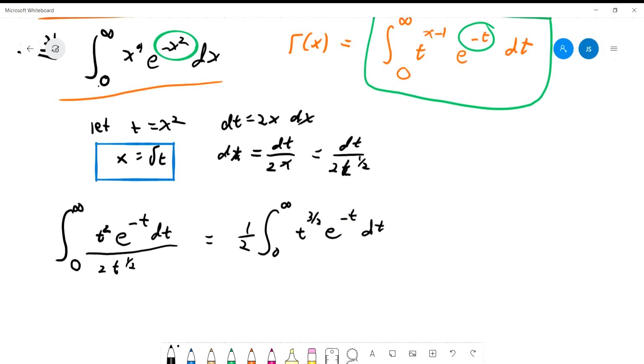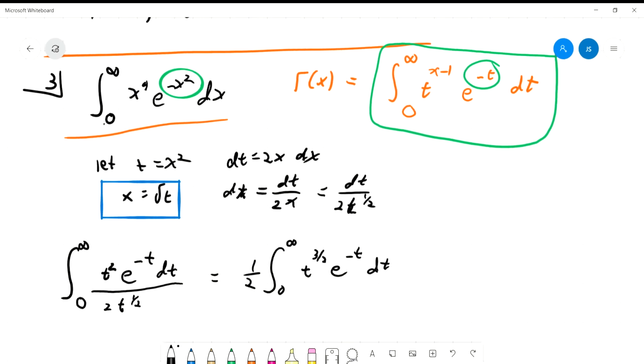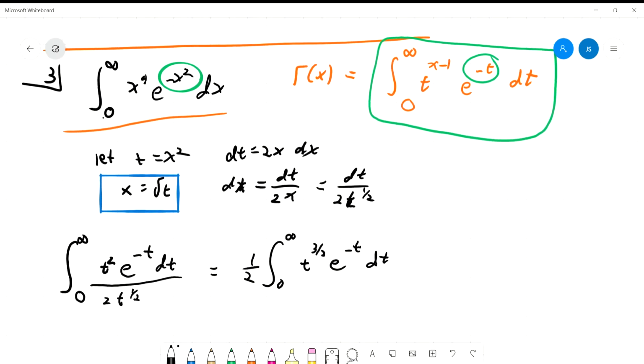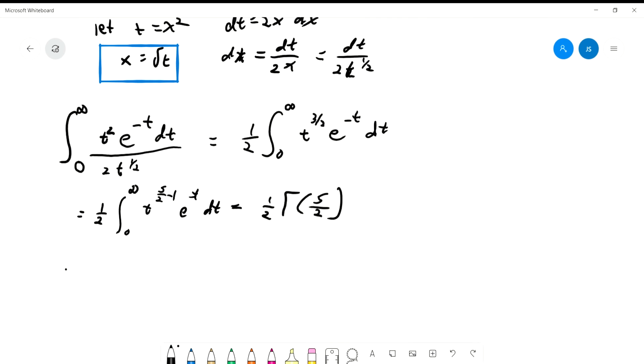And we can recognize that if we let x be 5/2, this is 1/2 the integral from 0 to infinity of t to the 5/2 minus 1 e to the minus t dt, also known as 1/2 times gamma of 5/2. Well, we can write that 5/2 as 1 plus 3/2.